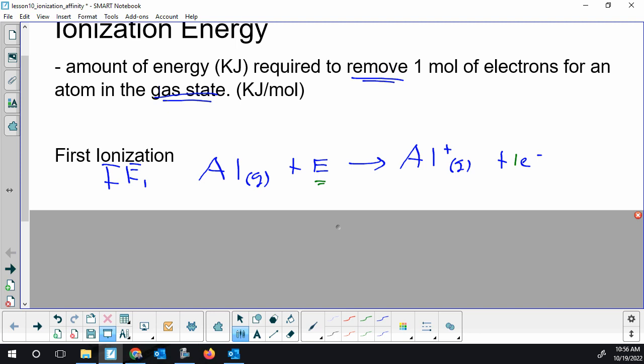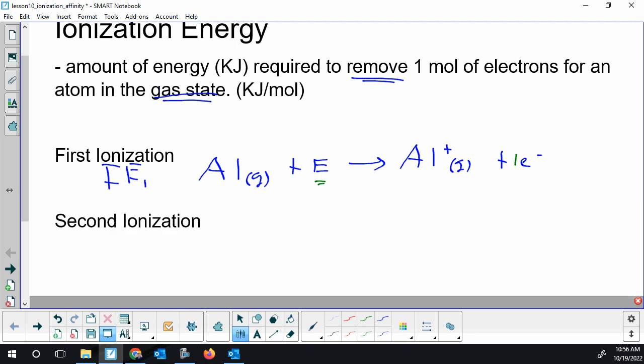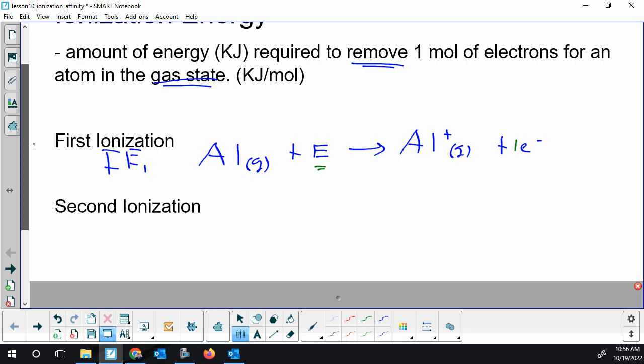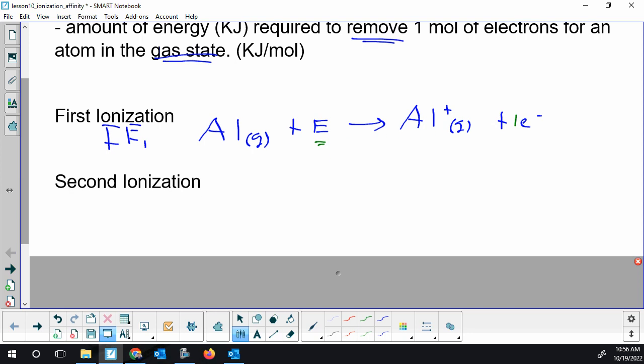You could calculate a second ionization. We'll talk about and make some predictions on second ionization. In short form, I'd call this IE2. For removing the second electron, we've got to start with our aluminum having already lost the first, so it's positive.